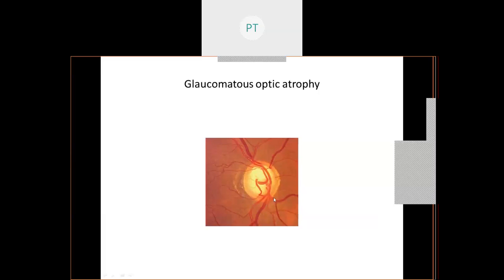I've put a picture of advanced glaucoma. If you have the atrophy, there'll be total cupping. The cup is very much enlarged, and the cause will be chronic glaucoma. All right, so I'll just discuss these two chapters.